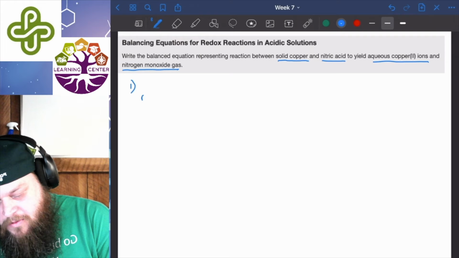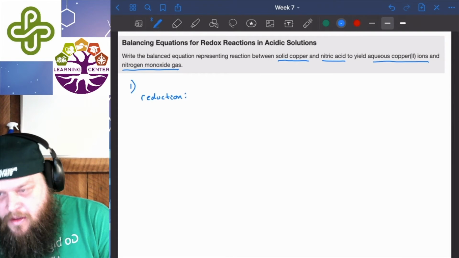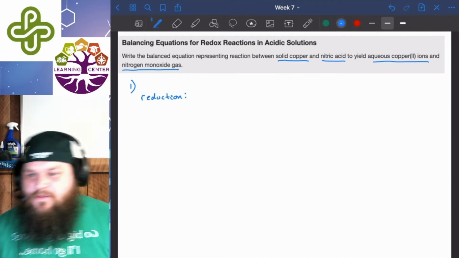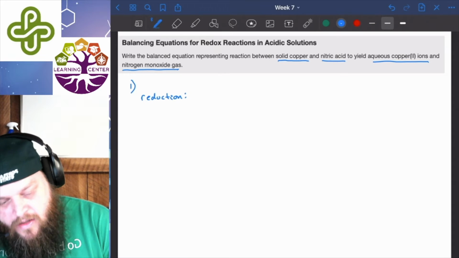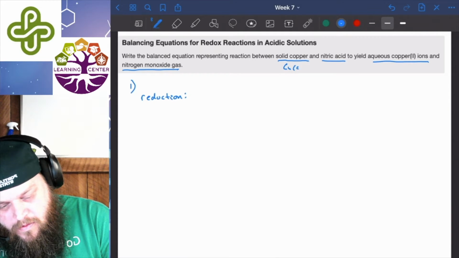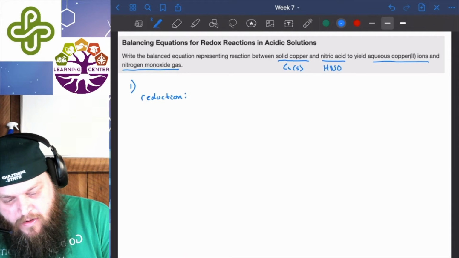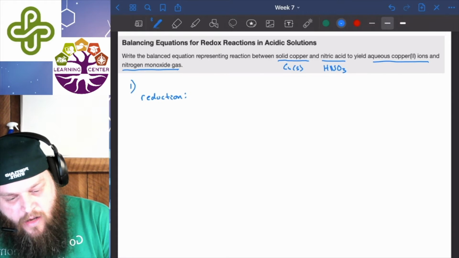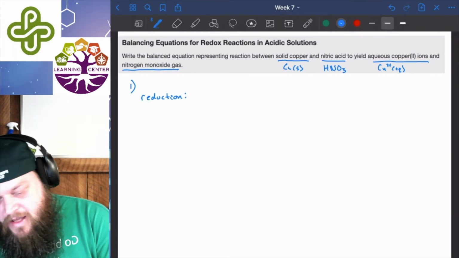So start with the reduction. The reduction reaction is where it's gaining those electrons. Solid copper is Cu solid, nitric acid is going to be HNO3, aqueous copper 2 is going to be Cu2 plus aqueous, and the nitrogen monoxide gas is going to be NO gas.